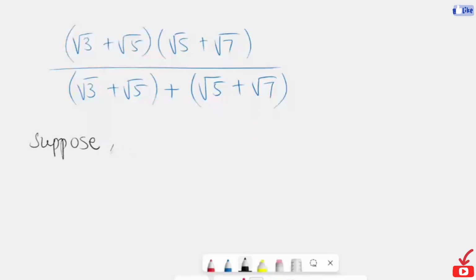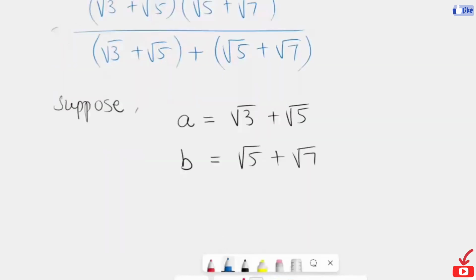Now here I suppose a is equal to root 3 plus root 5, and b is equal to root 5 plus root 7.